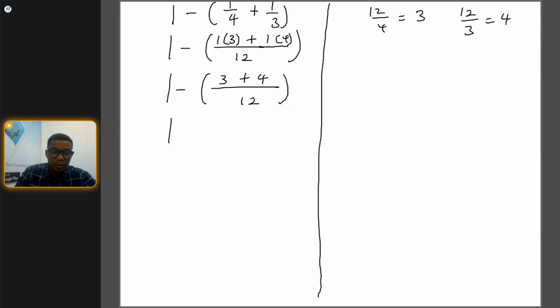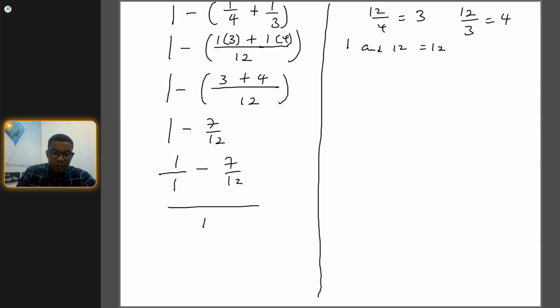And we have 1 minus 7 over 12. So we have to take away 7 over 12 from 1. To make this easy, we're going to give a denominator to 1 also. 1 will now be 1 over 1 minus 7 over 12. And the LCM of 1 and 12 will be 12.